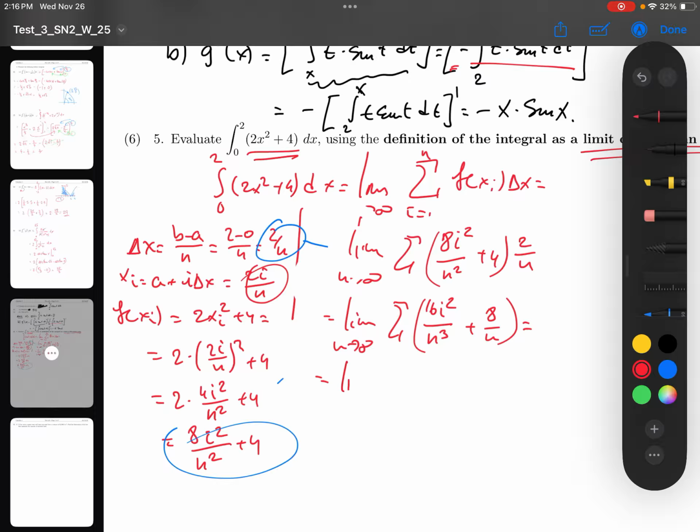I'm going to split this into two Riemann sums: the limit as n goes to infinity of the Riemann sum of 16i squared over n cubed plus the Riemann sum of 8 over n.